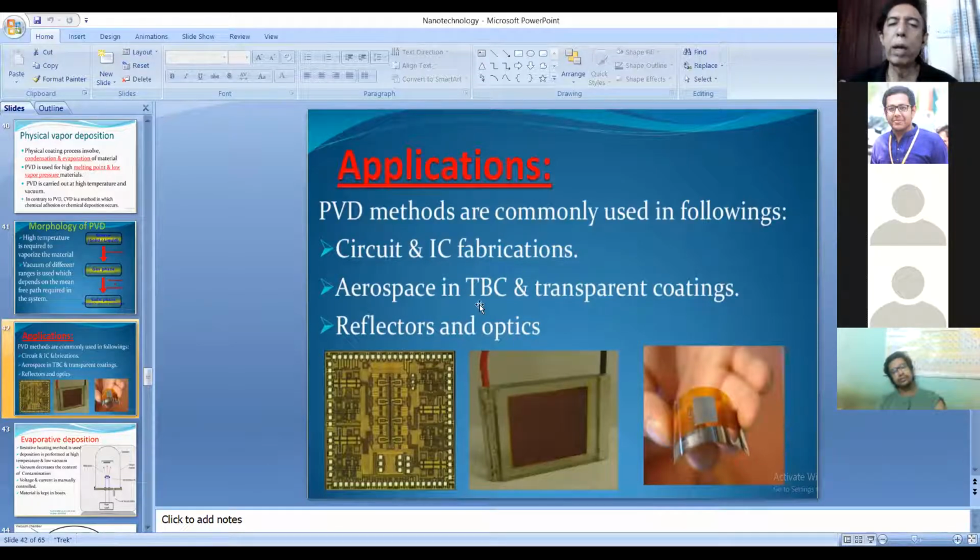TBC means thermal barrier coating. In aerospace, there are coatings called thermal barrier coating in aeroplanes or rockets. In that case, PVD method is used.